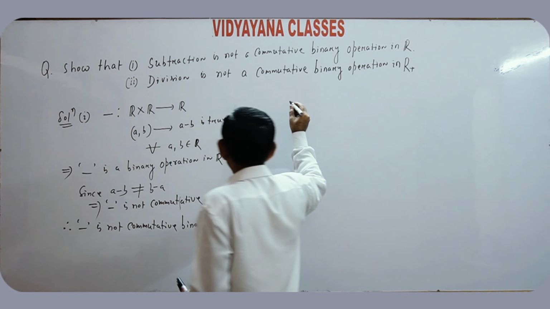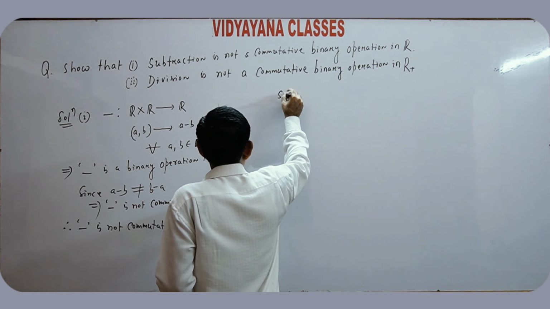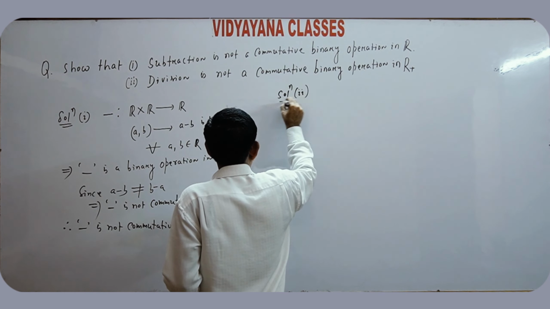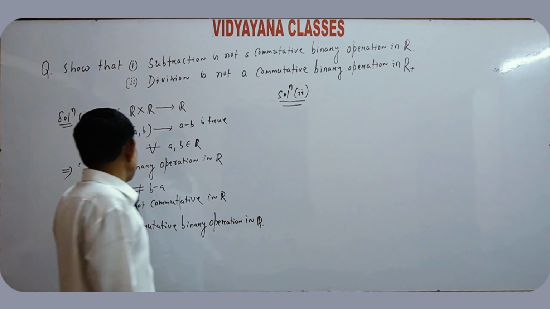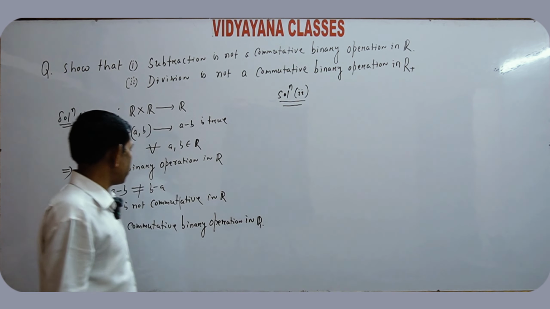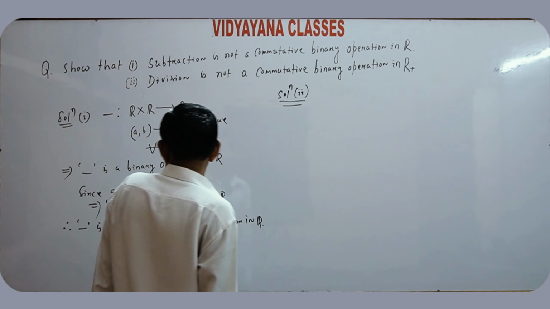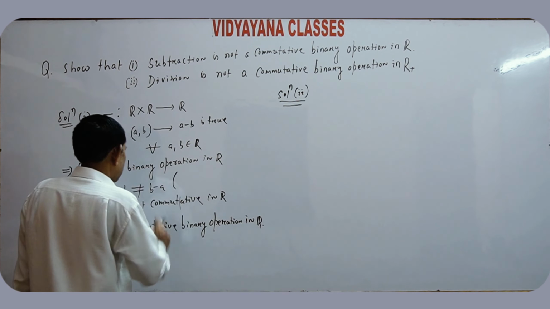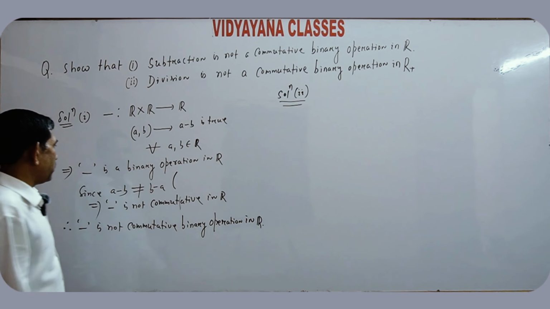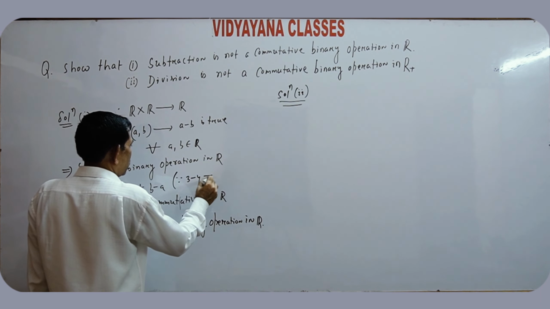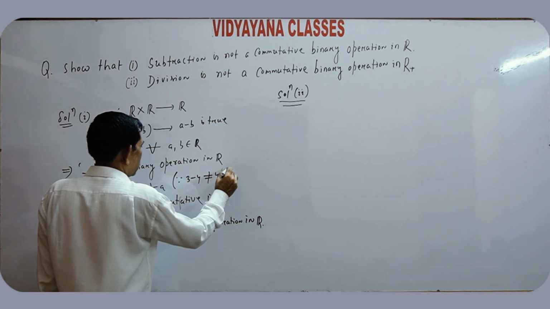Second bit. Solution to second bit. Here we can give an example: 3 minus 4 is not equal to 4 minus 3.